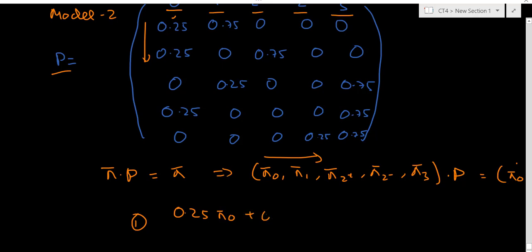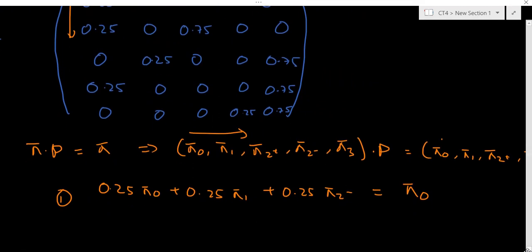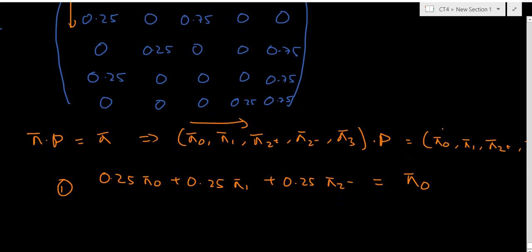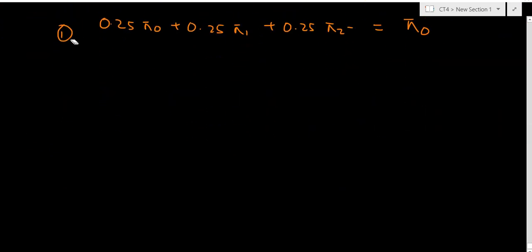Plus 0.25 pi 1, and then you have got 0, and then you have 0.25 into pi 2 minus plus 0.25 into pi 2 minus, and the last value is 0 as well, so the value for this would come out to be pi 0. Makes sense, right? So this is what our transition matrix equation looks like. So this is the first equation that defines the stationary distribution.